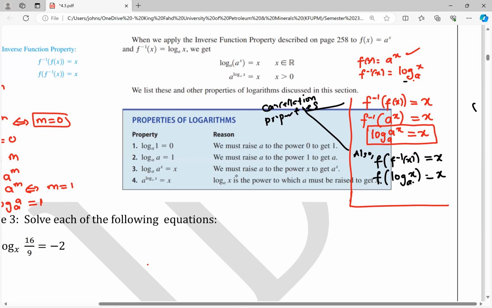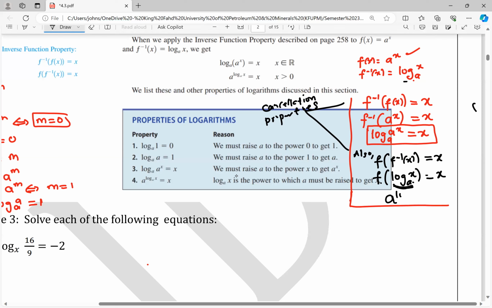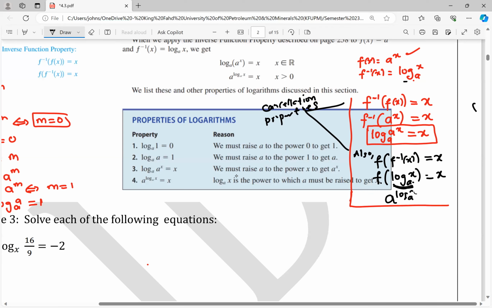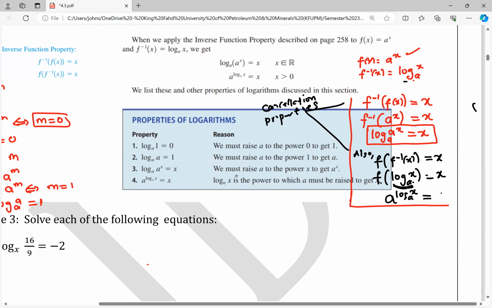So now this log stands as our old x. So this will now be a to power log to base a of x, and this is equal to x. You can see that this is number 4, the fourth property of logarithm.